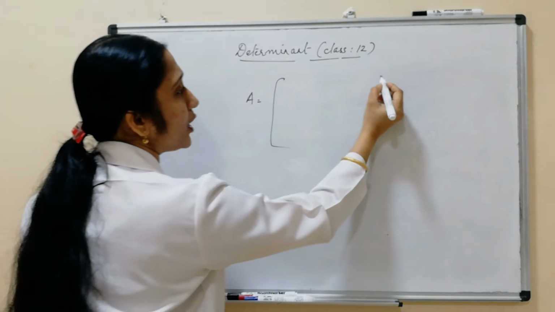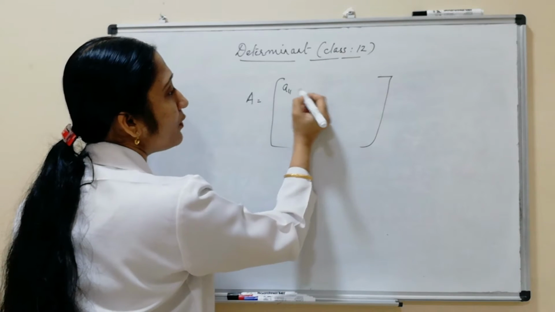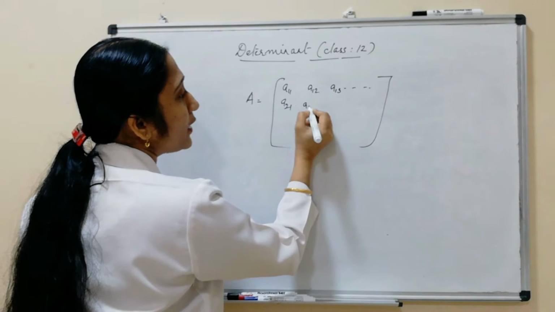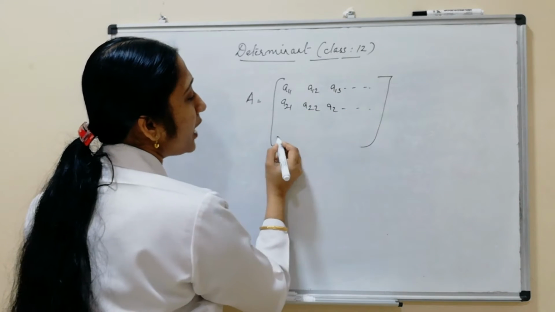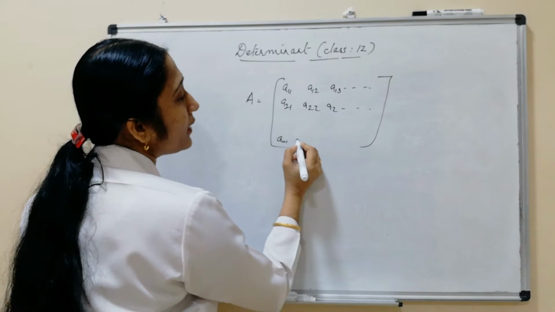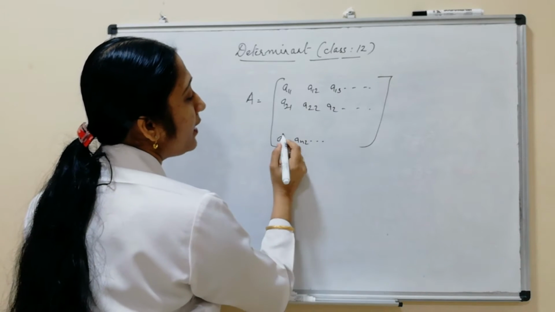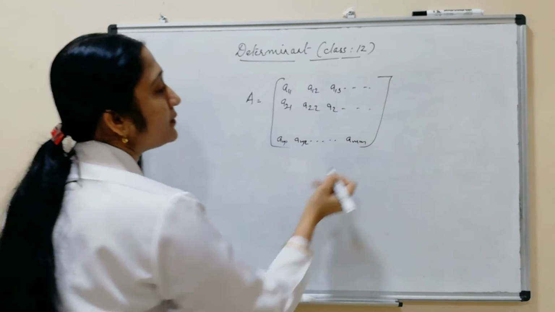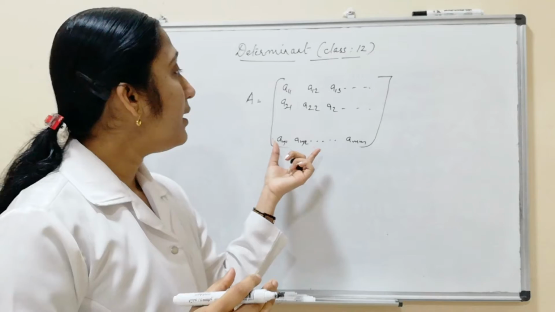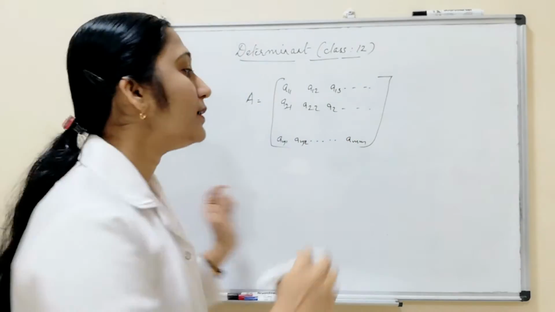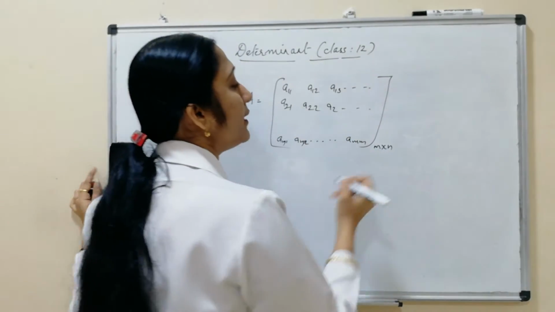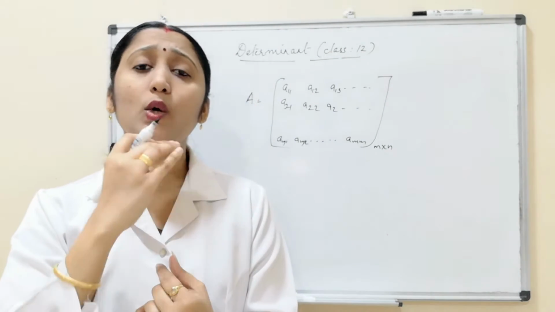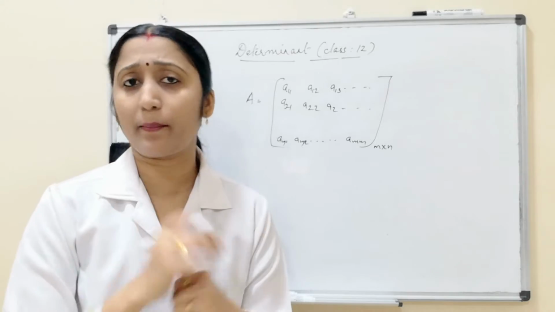The notation will be A11, A12, A13, etc., A21, A22, A23, etc., up to AM1, AM2, etc., AMN. This is the arrangement of a matrix. This is an M into N matrix. If a matrix has equal rows and equal columns, it is called a square matrix.